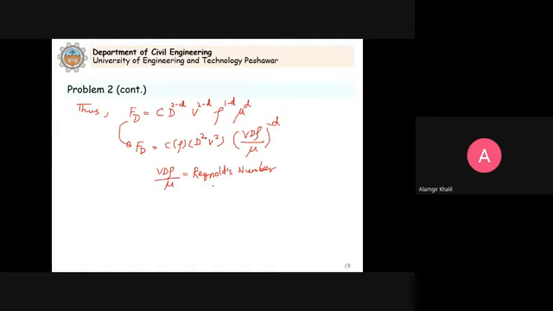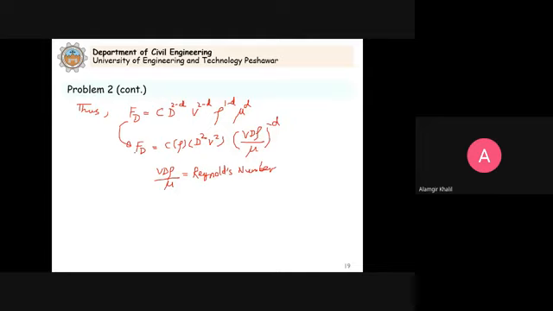And once you identify this dimensionless number, then between the model and the prototype, we can develop the similarity laws, and we can transfer the results between the model and the prototype. So you can see how dimension analysis is important. That's why we need to study it.